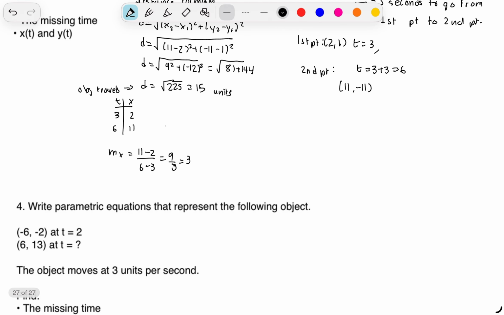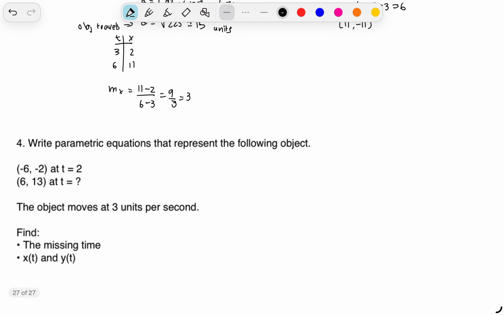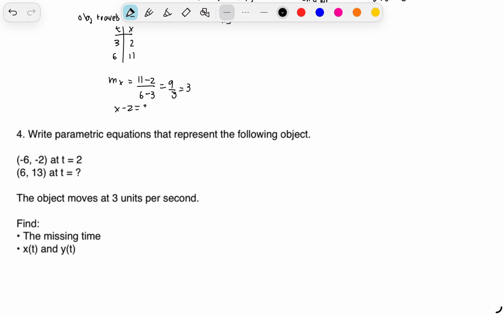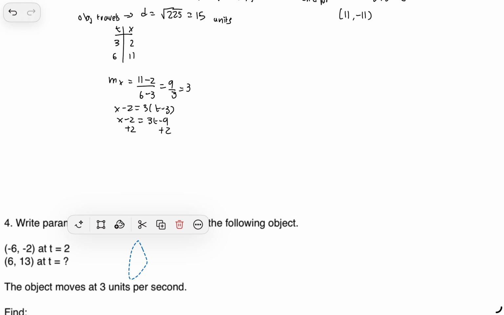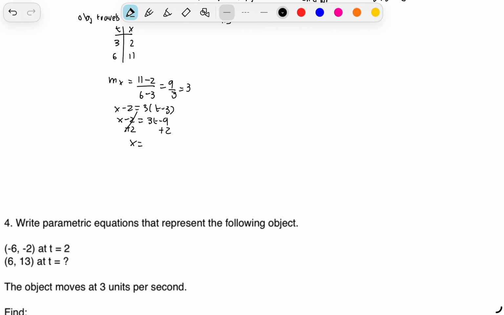Now you're going to use point slope. So you just add 2 to both sides. And x is equal to 3t minus 7. So that's going to be x of t is equal to 3t minus 7.